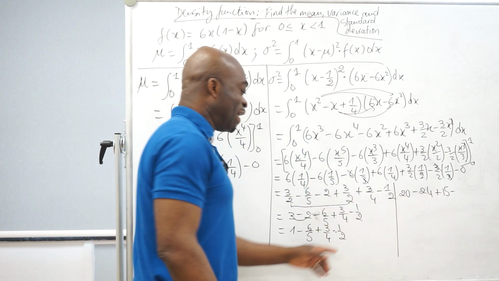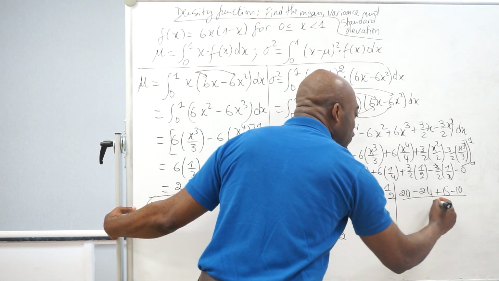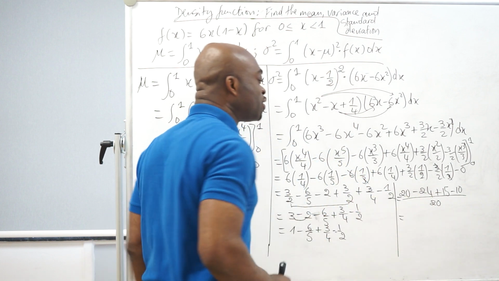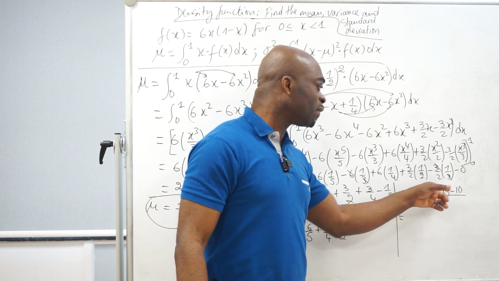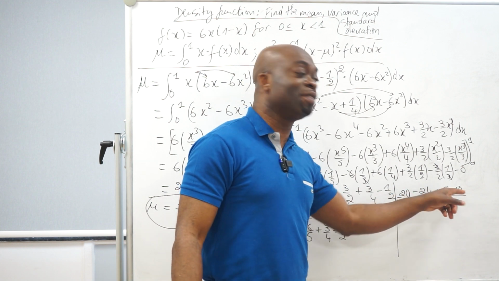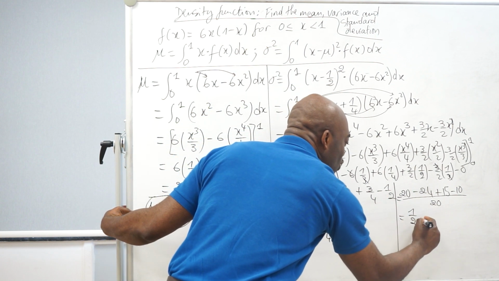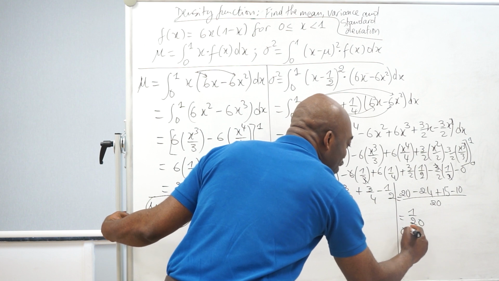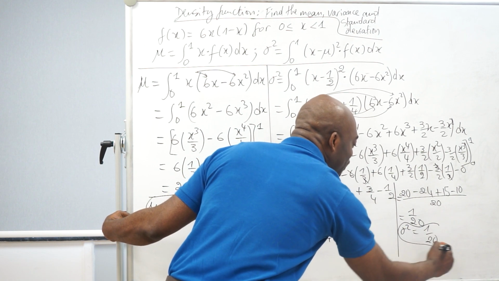Minus 20 divided by 2, which is 10, 10 times 1, which is 10. And then the whole thing over 20. So we end up with 20 minus 24, which is negative 4. Negative 4 and negative 10 is negative 14. 15 minus 14, which is 1. Okay? So it's 1 out of 20. So your variance equals 1 out of 20.